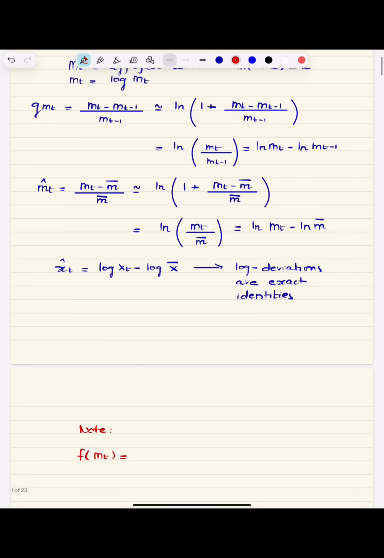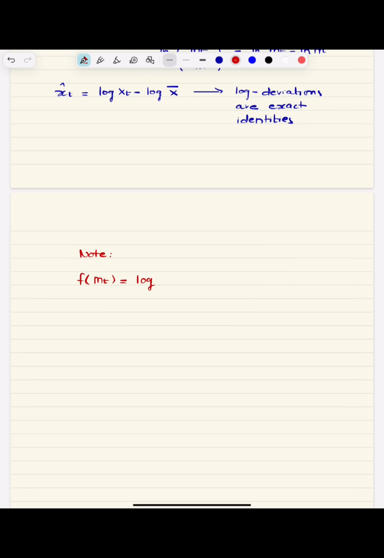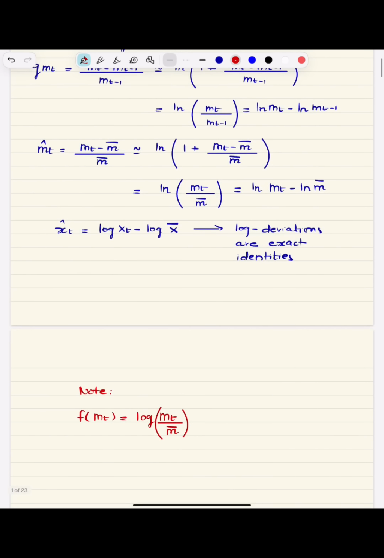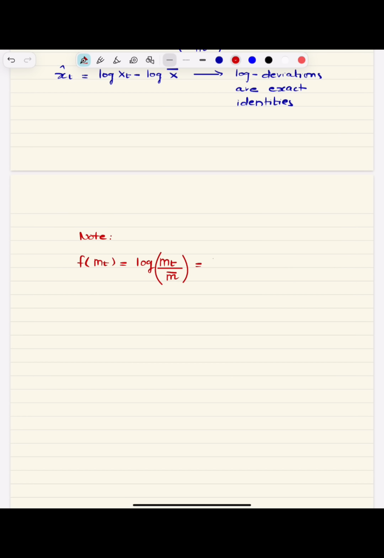For instance, if I did bother to do a Taylor expansion, I would have written there's a function f dependent upon m, and that is ln of m_t over m bar. So if I open this up, this is log m_t minus log m bar.